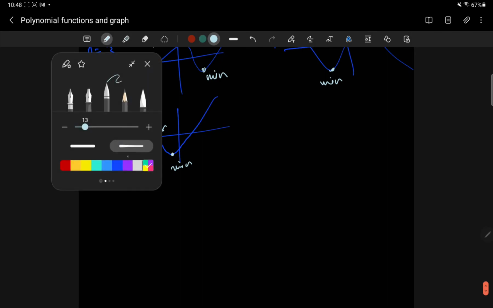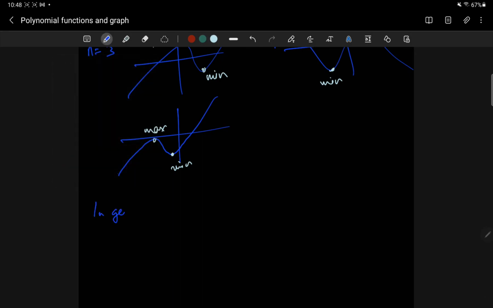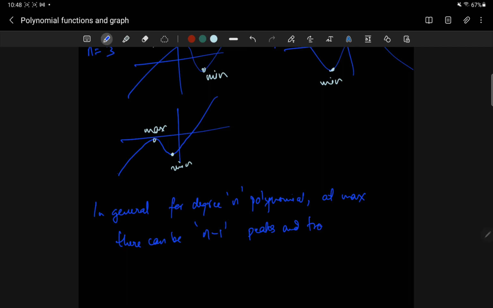So in general, for a degree n polynomial, at max, there can be n minus 1 peaks and troughs.